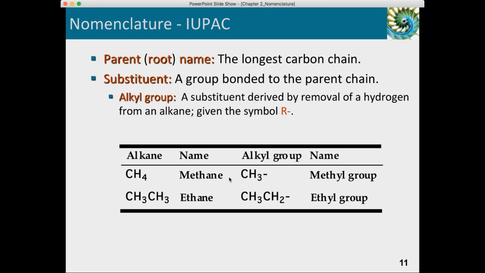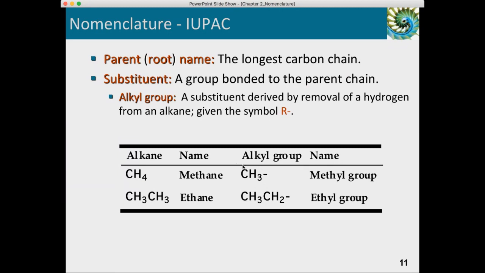So once again, alkyl groups come from alkanes from which we remove a hydrogen. So for example, here is methane, CH4, meth for 1, alkane, CH4. We remove a hydrogen, we are left with CH3. This carbon, once again, is bonded to 3 hydrogens, and the fourth bond is to the carbon chain. Don't forget that.